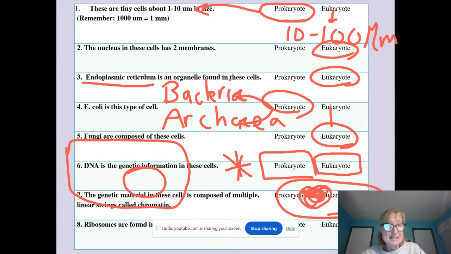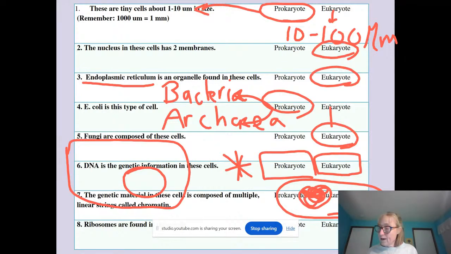We have 46 strands of chromatin, and during certain phases, like during cell division, our chromatin coils up and condenses on itself to form really tightly packed DNA called chromosomes. We have 46 chromosomes, don't we? And so the genetic material is composed of multiple linear strings called chromatin. We've got to circle eukaryotes for that one.